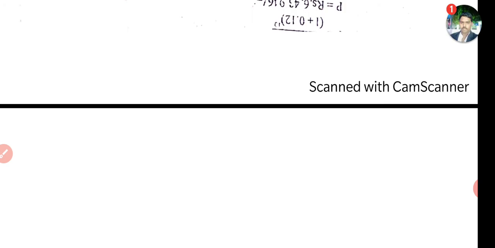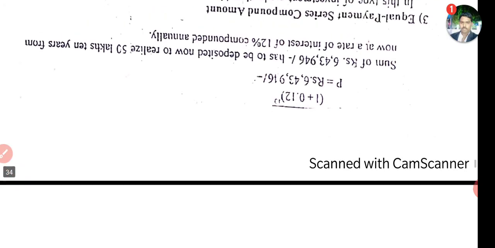So the person will receive the amount of 7,01,949 at the end of 10 years, if he invests 40,000 rupees every year for the next 10 years, and the bank provides him an interest rate of 12%. Okay, thank you.